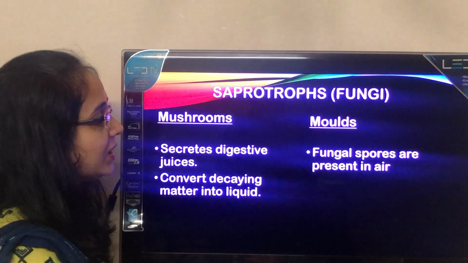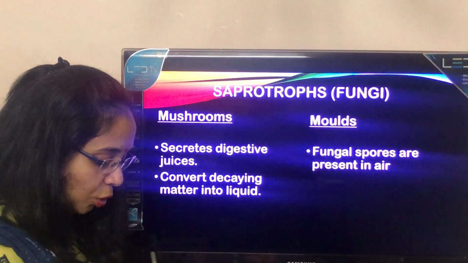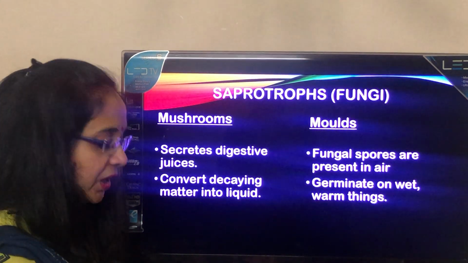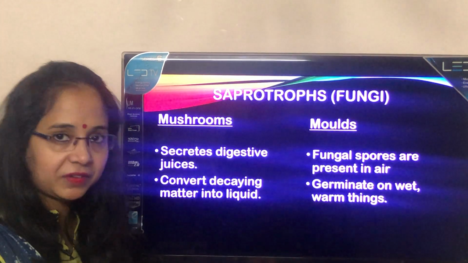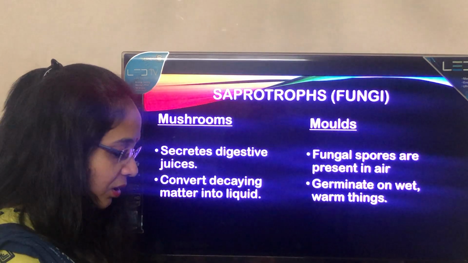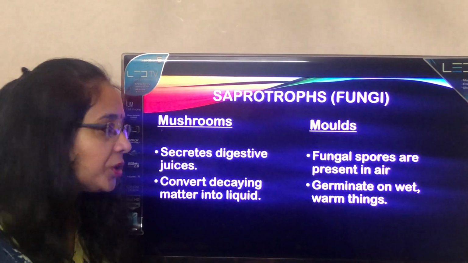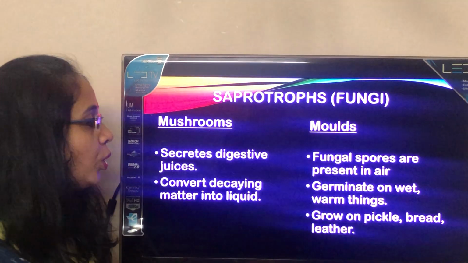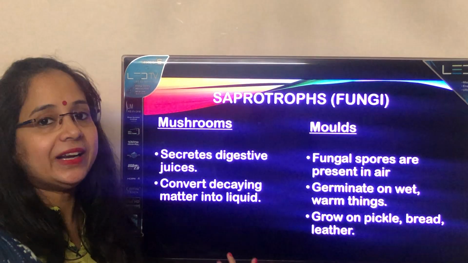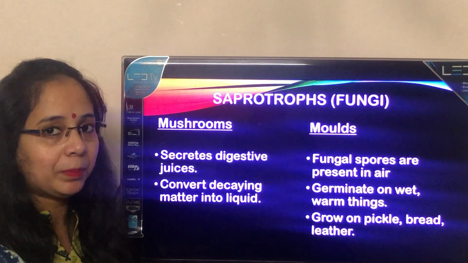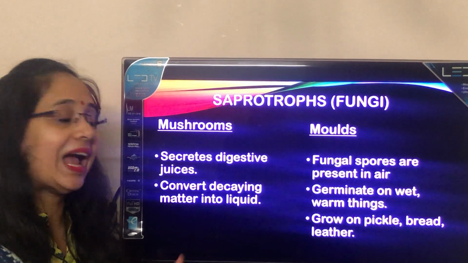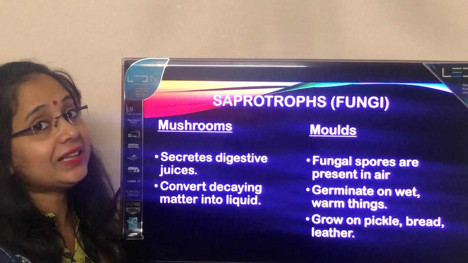And the next type of fungi is mold. Molds are actually fungal spores. You will learn about spore formation in further chapters. So fungus reproduces by the process of spore formation. So when these spores find any suitable place, for example correct temperature conditions and wet and humid conditions, then they start growing.